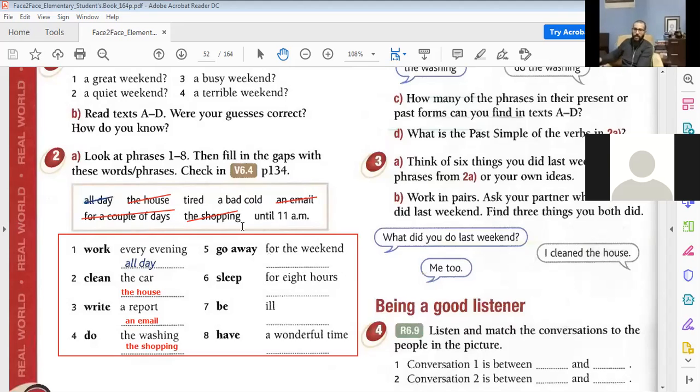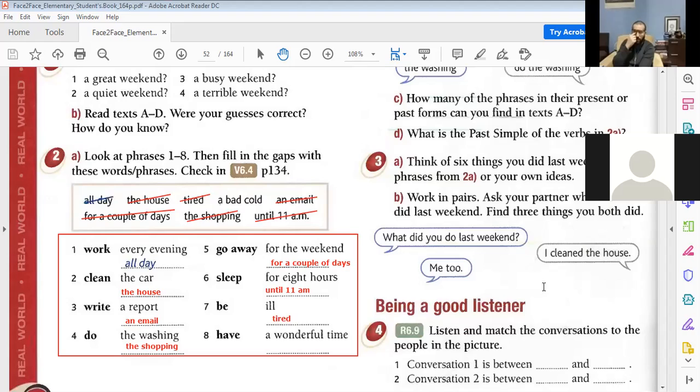All right, and you can say sleep for 8 hours or sleep until 11 a.m. Until 11 a.m. And you can be ill or be tired. Right. So, of course, when we say be, it means verb to be. So you can say I'm ill, I was ill, you're ill, we're ill, so on. Tired.